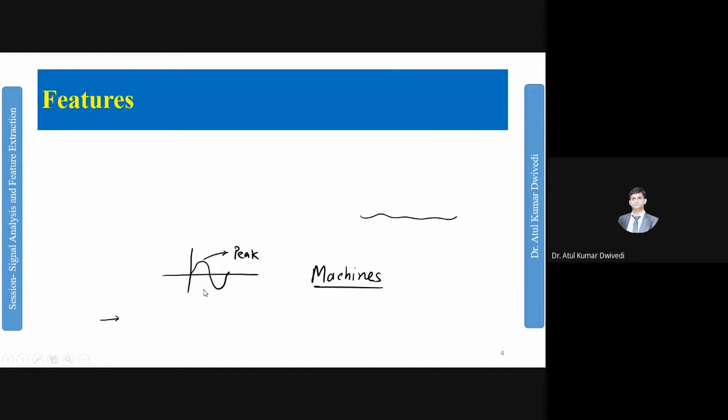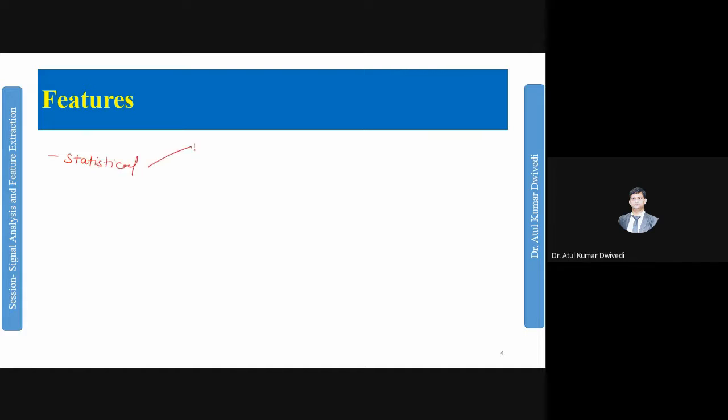Features, we say that features are calculated in the time domain. So some of the features are statistical features. Statistical features are like I was telling about this peak. Peak is one feature, and peak to peak distance or peak to peak amplitude.